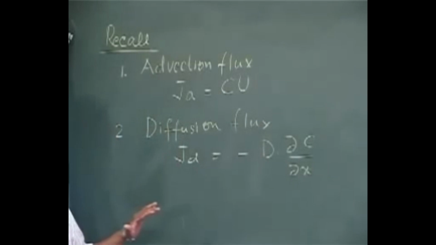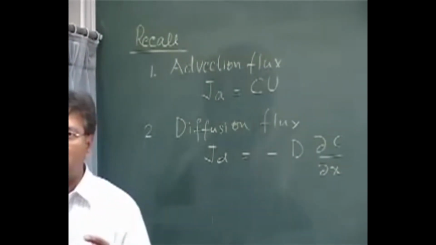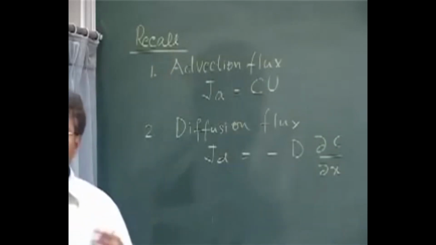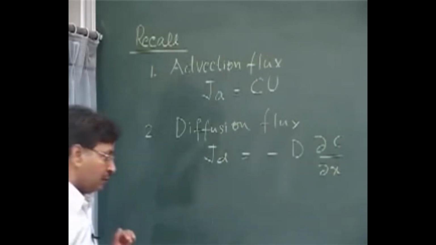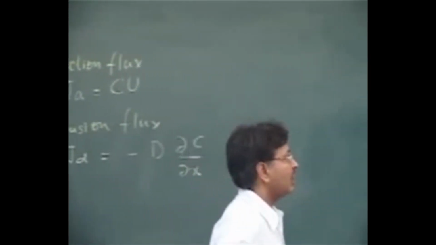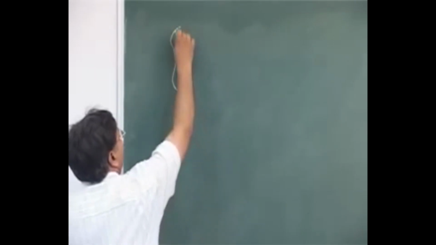Want to utilize them now to develop some kind of relationship, something called the equation of continuity or the advection diffusion equation. So for that, suppose I have a strip and we'll try to do it in one dimension.